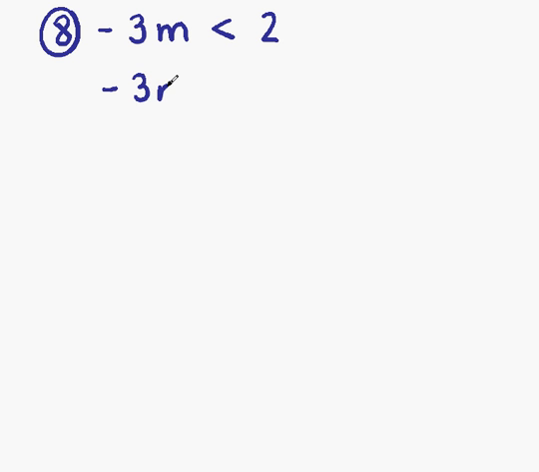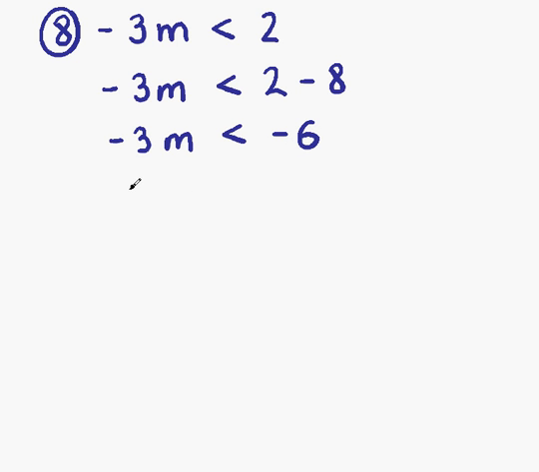Putting down the things that are staying where they are, we have minus 3m on the left and 2 on the right. Plus 8, change sign, is minus 8. So we have minus 3m is less than 2 minus 8. So minus 3m is less than minus 6.